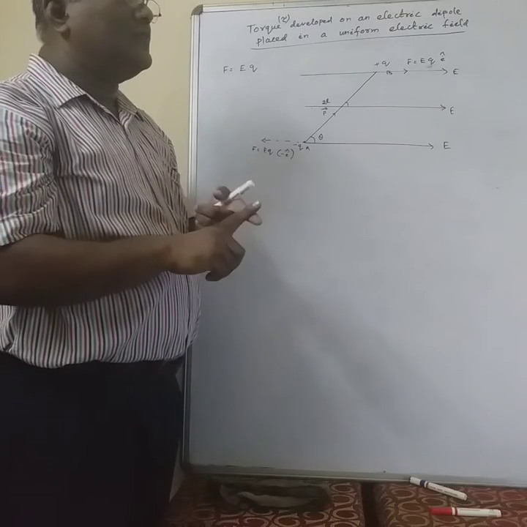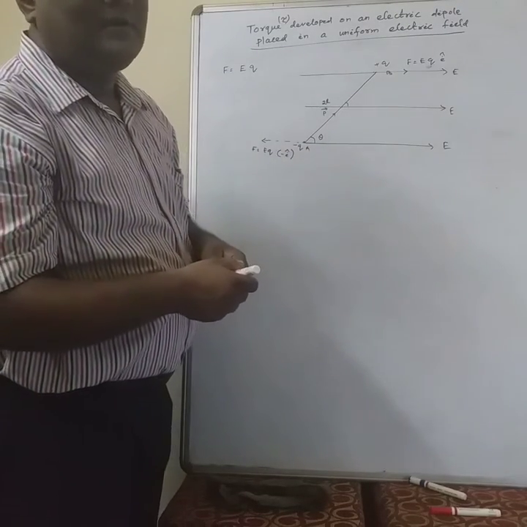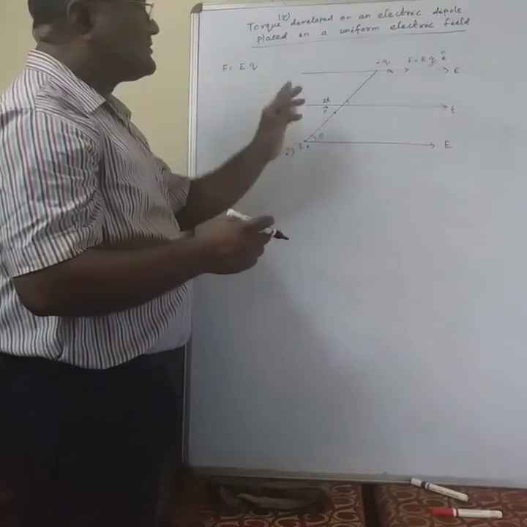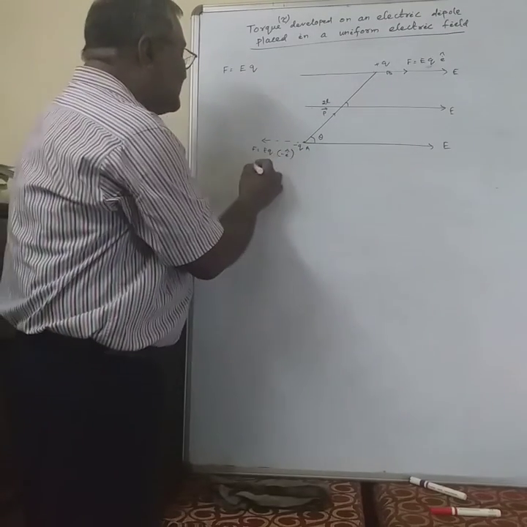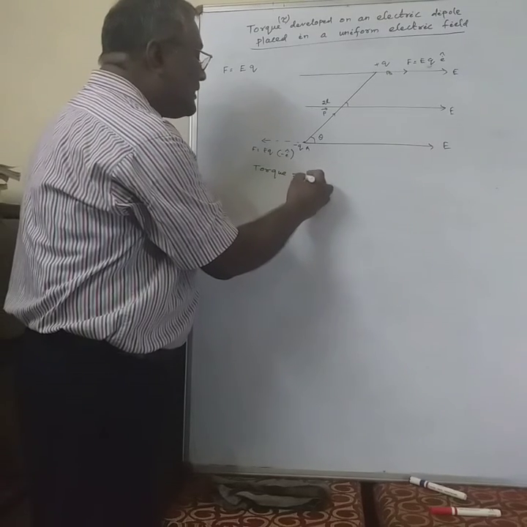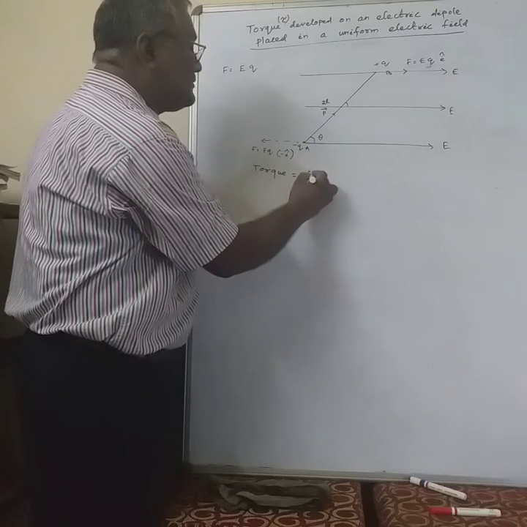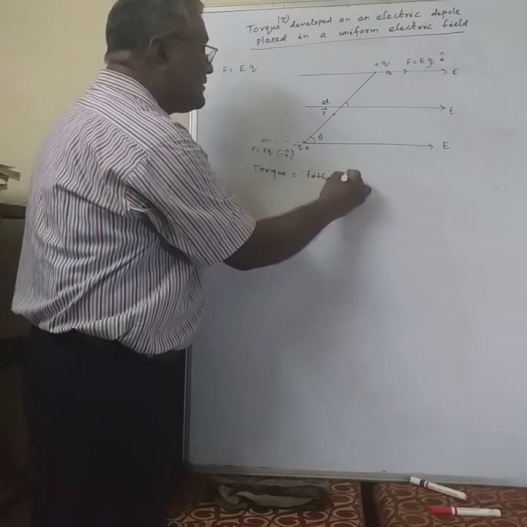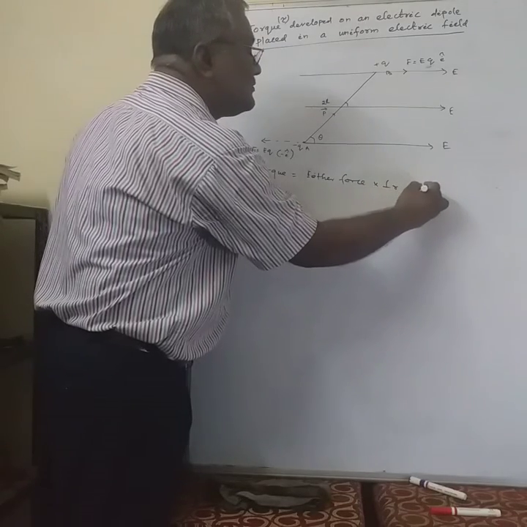Number three, they must be acting on two different lines of action of a body. As the three conditions are satisfied, it will constitute a torque, and that torque is nothing but either force into the perpendicular distance between the two forces.